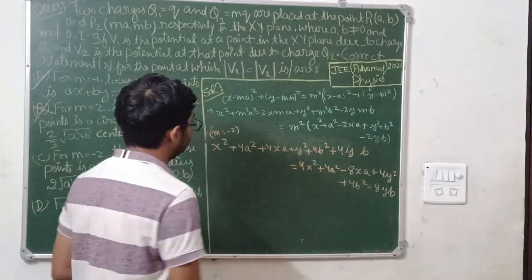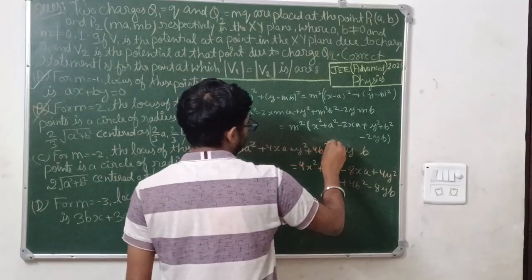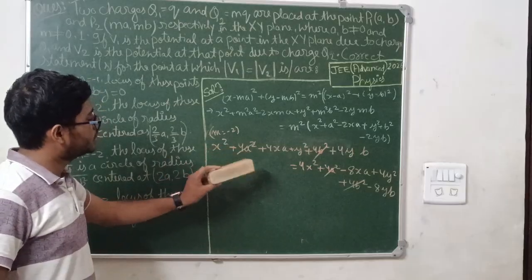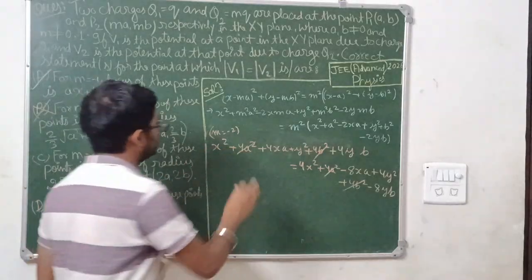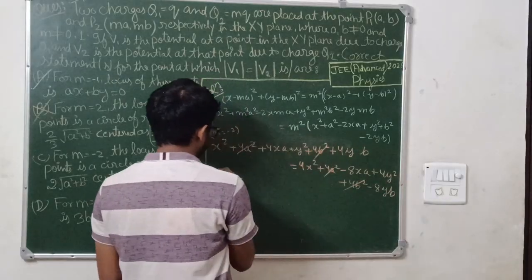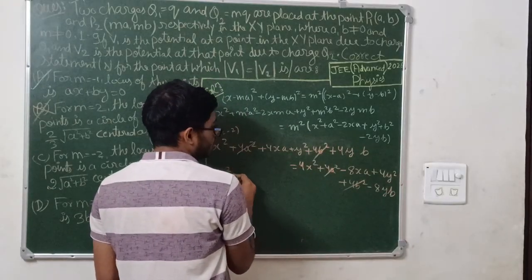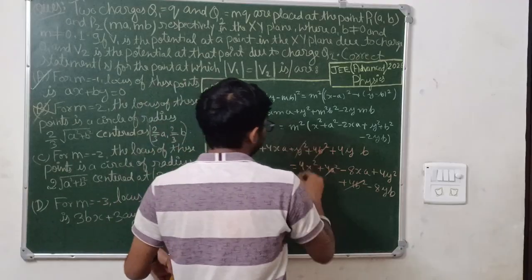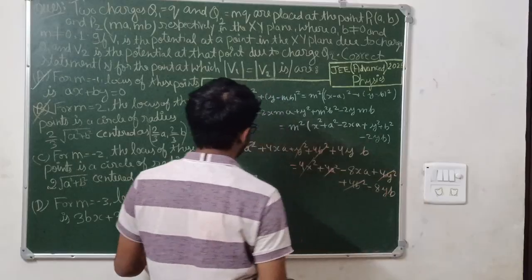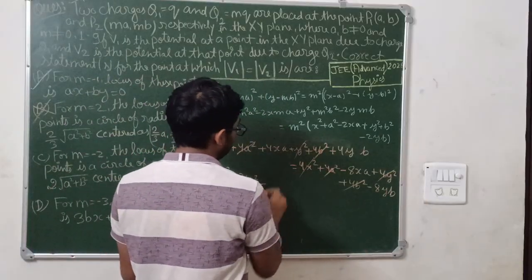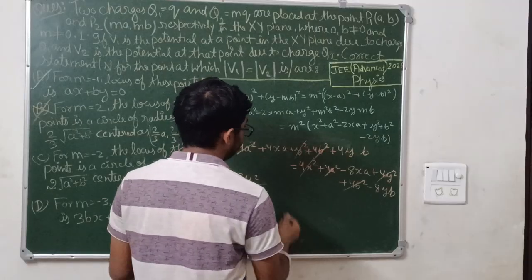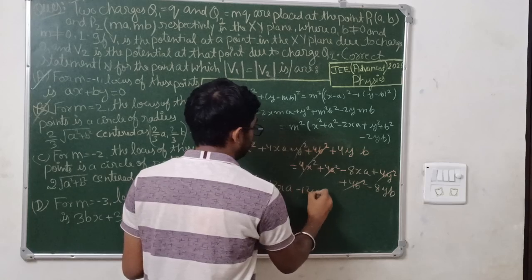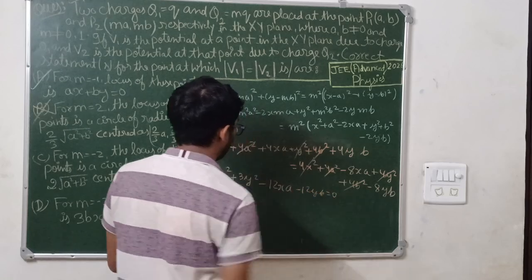Now you can see how many terms are cancelling. 4a square is cancelling and 4b square is cancelling. Now again for a circle equation the leading coefficient should be 1. So taking all the terms to the RHS, it would be 3x square plus 3y square minus 12xa minus 12yb equals 0.